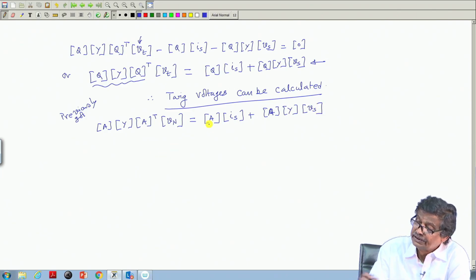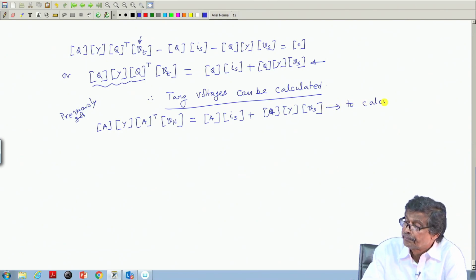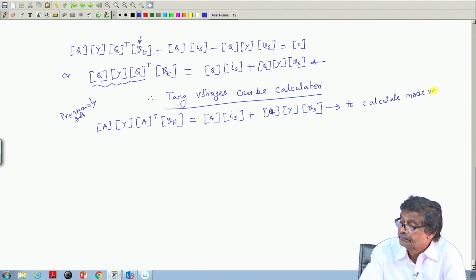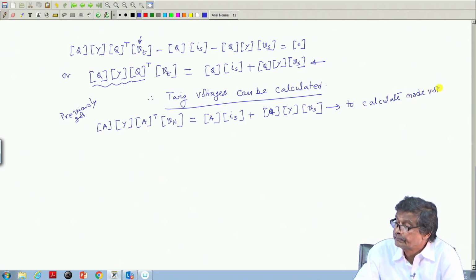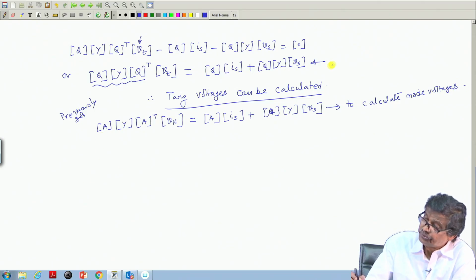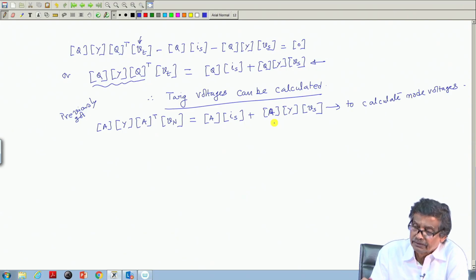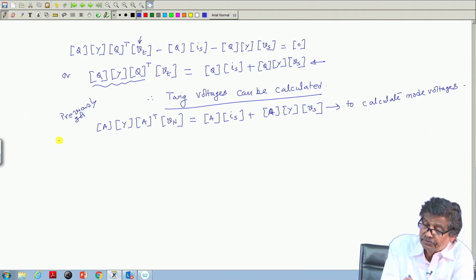So, this was to calculate the node voltages. And so, these two methods are similar type. For this you are applying KCL at the nodes, and for this you are applying KCL at the cut sets. Okay. So, this was the thing.